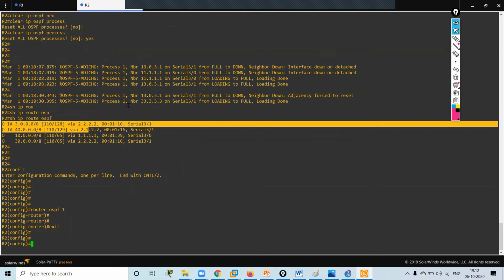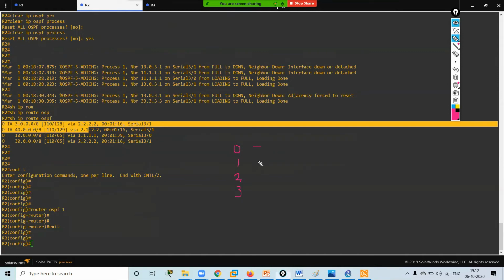If I do the manual summarization, how many bits will I get? How many loopbacks am I having? I'm having 4 loopbacks, and my third octet is changing. The third octet is 0, 1, 2, and 3.